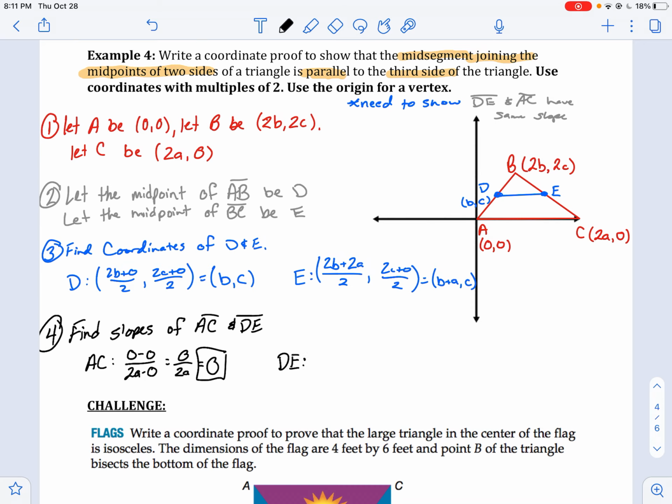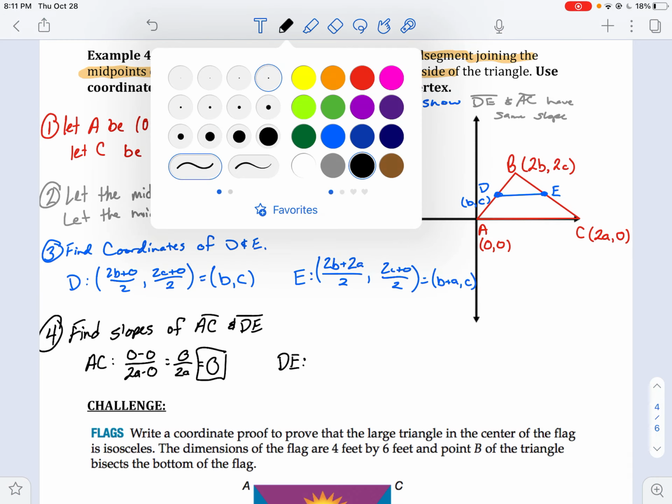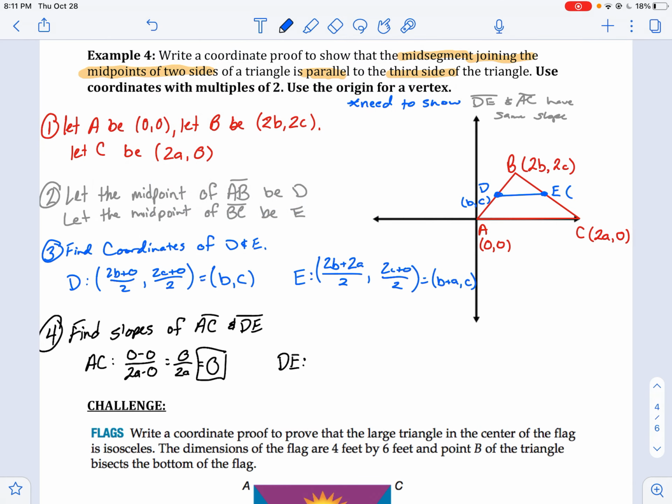DE, that slope would be, let me just fill that in. This we said was (B plus A, C). DE would be B plus A minus B over, I'm sorry, that's wrong.